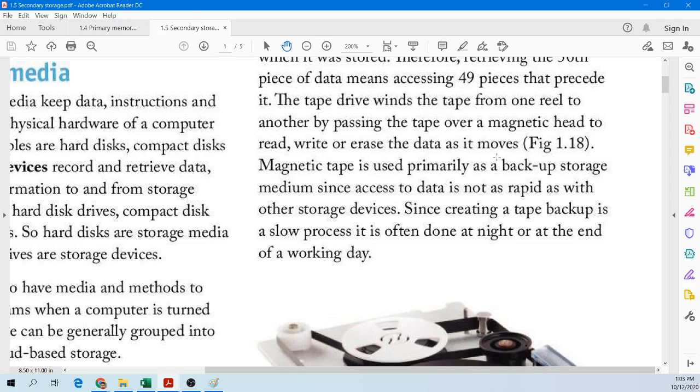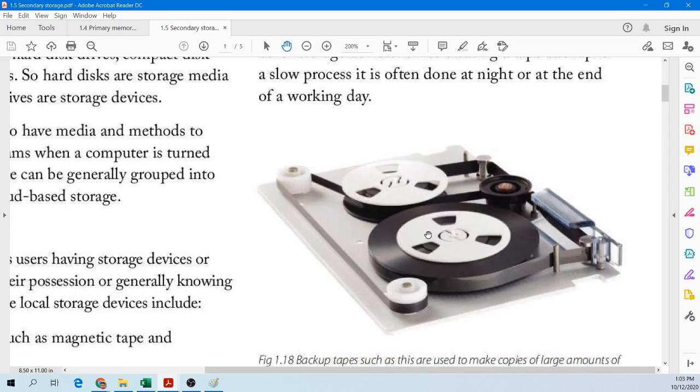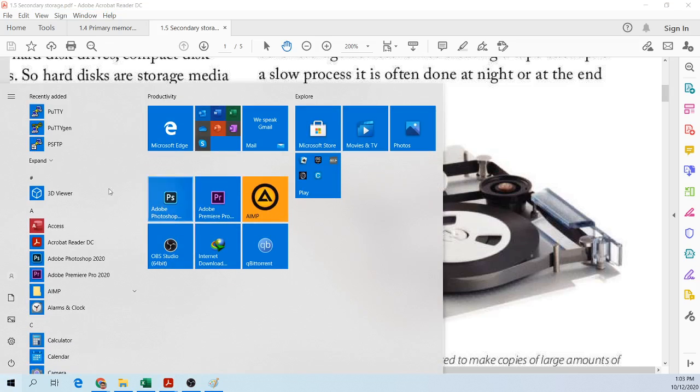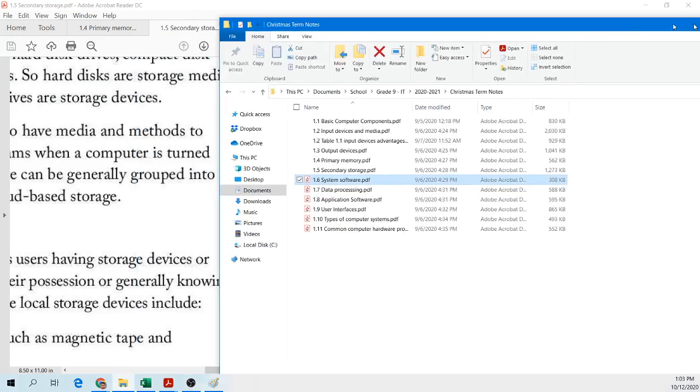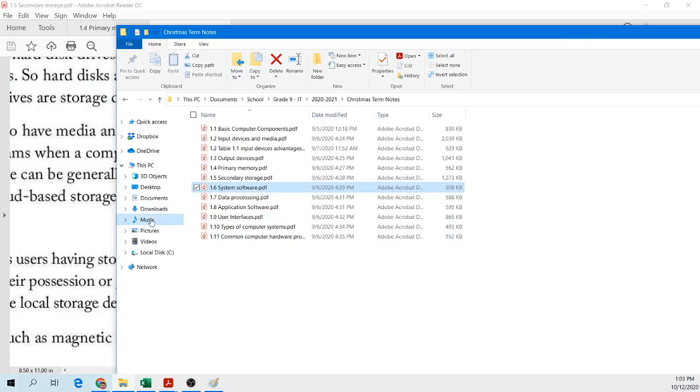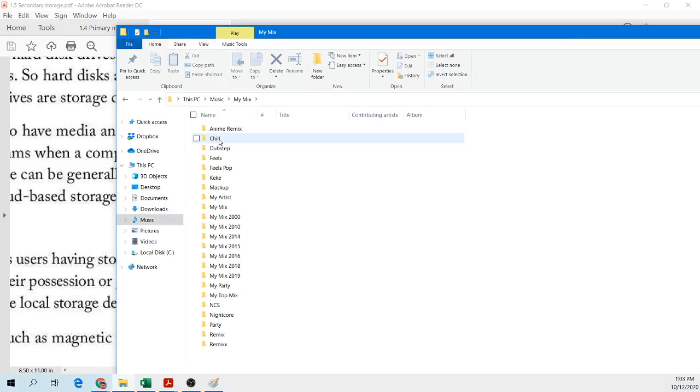Right. Because the magnetic tape is so slow, it is basically used for backup storage. Because imagine if you were using a tape drive, this tape here, as your main storage. For example, how you use your computer, you can click here, you can go into My PC, you can go into music and find a music file and pick a song.